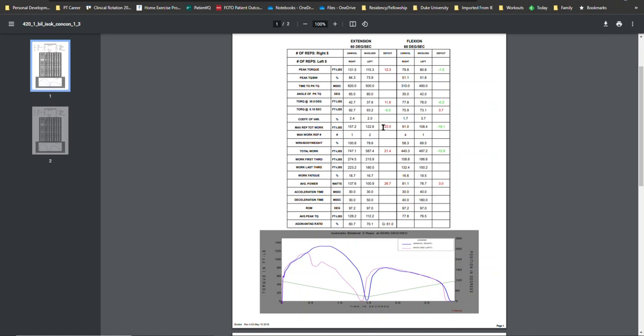And this is where at times the work matters, because when you look at work and or his power, that's where he's in significant double digits compared to just the moderate or mild deficit that we see at the peak torque at 30 degrees and at peak torque there.